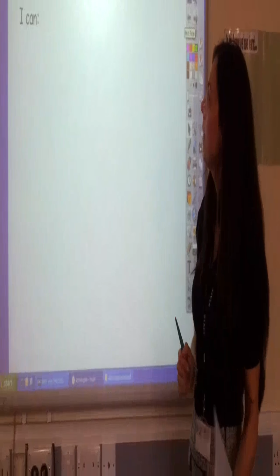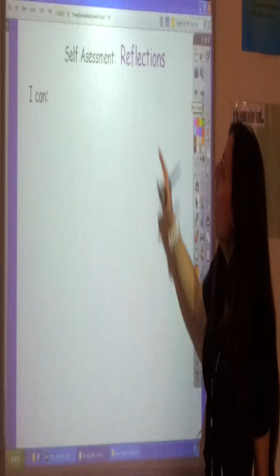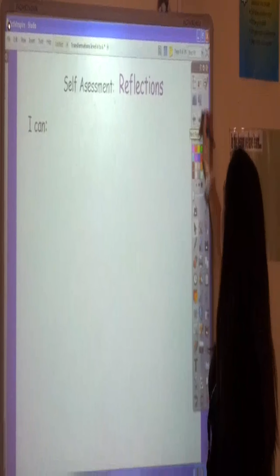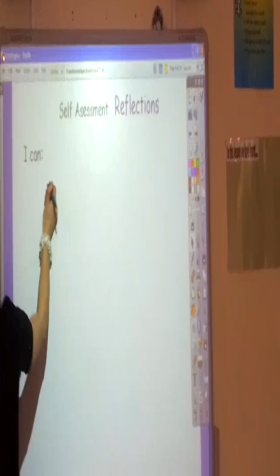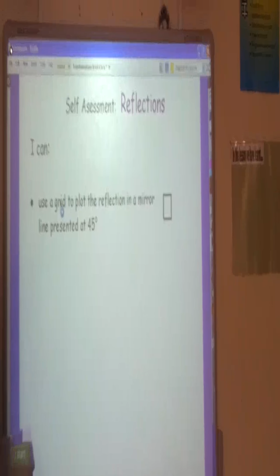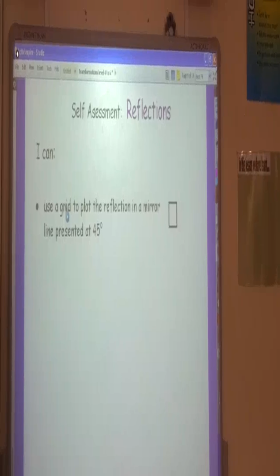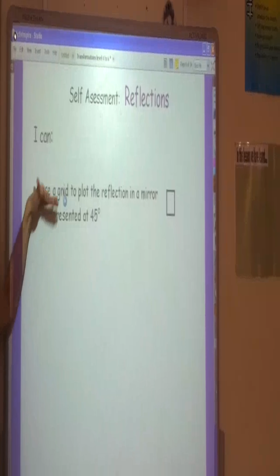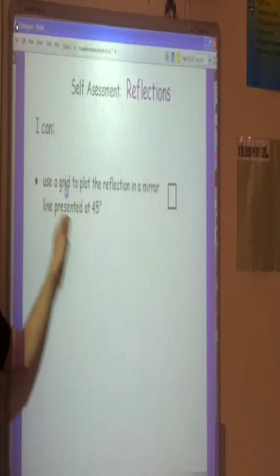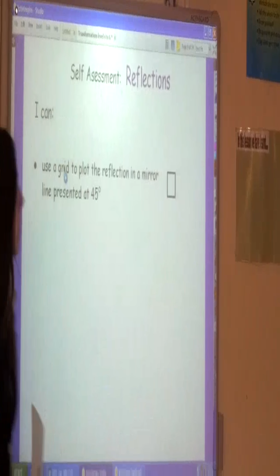So finally, self-assessment. For level 4, I can use a grid to plot the reflection in a mirror line presented at 45 degrees, a diagonal line. If you feel confident you can do that, we can tick that box.